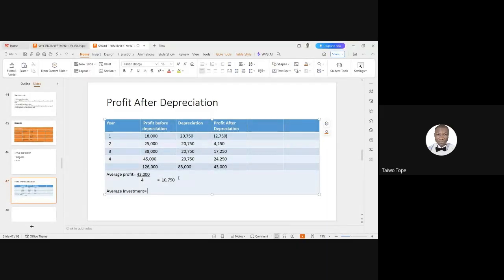Initial outlay, 85,000, plus the scrap value, which is 2,000. So 85,000 plus 2,000 divided by 2. You have a result of 43,500.